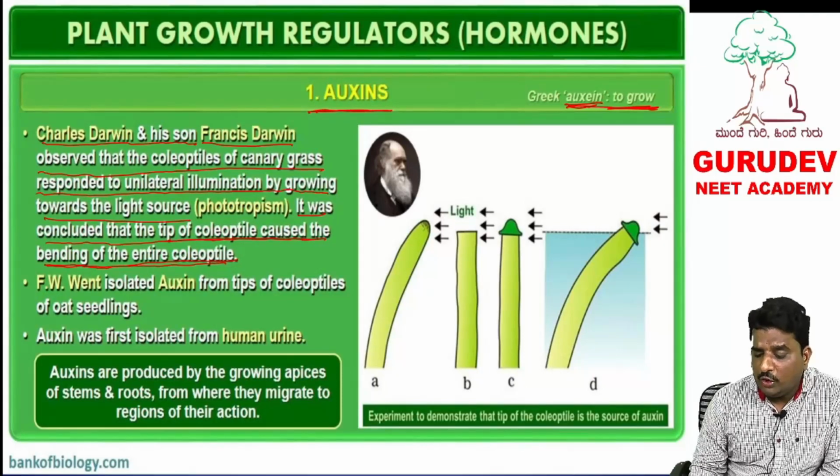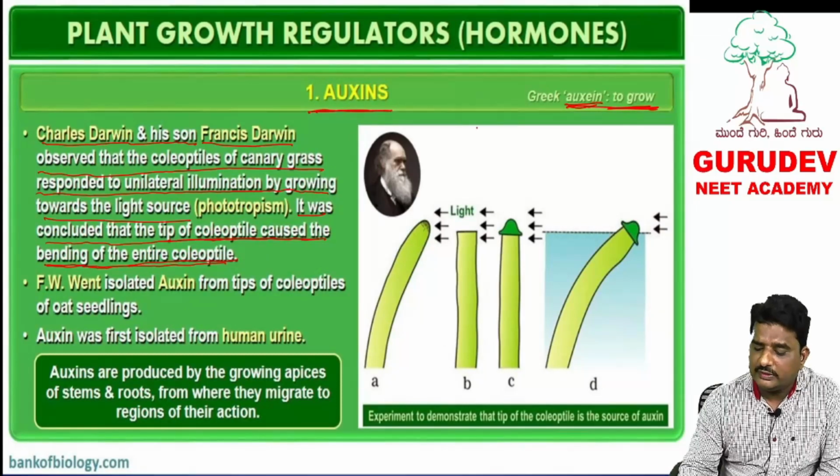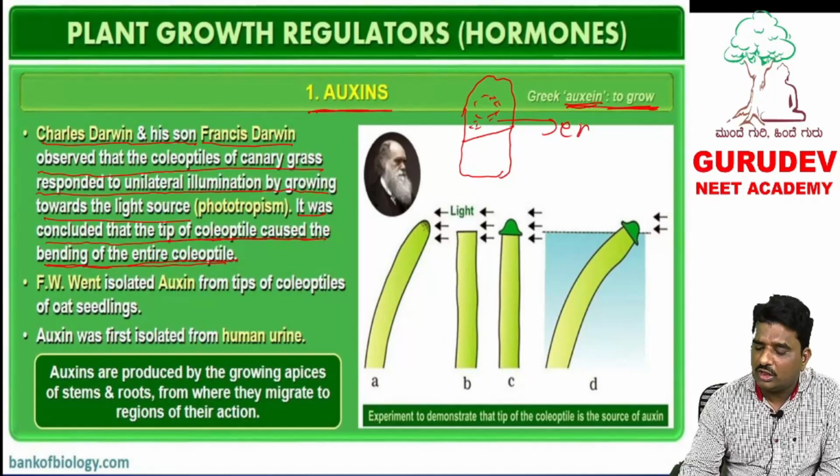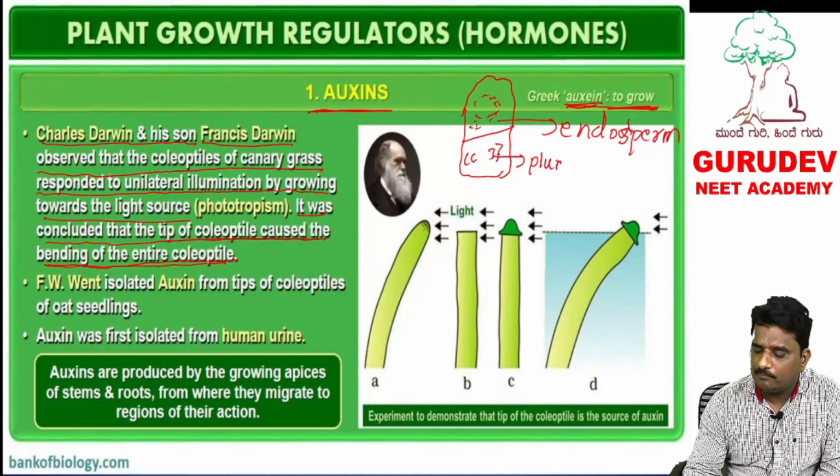See, what is a coleoptile? First we have to understand. This is the grass embryo we have studied in the maize seed. This total maximum part is called endosperm. And this particular area is called embryo. Embryo has two parts, plumule and radicle.